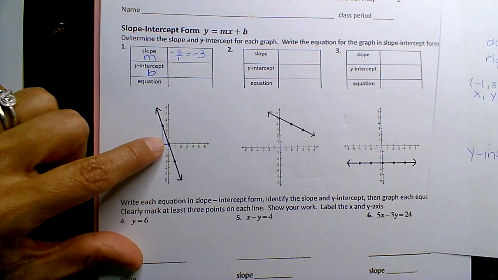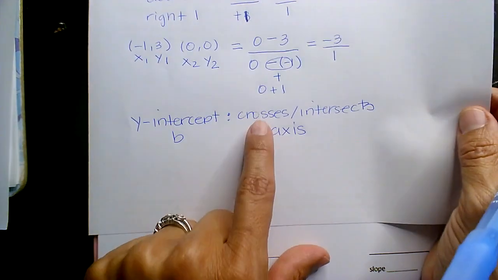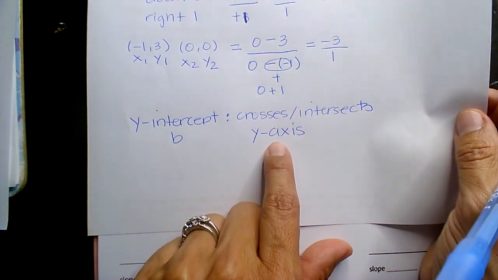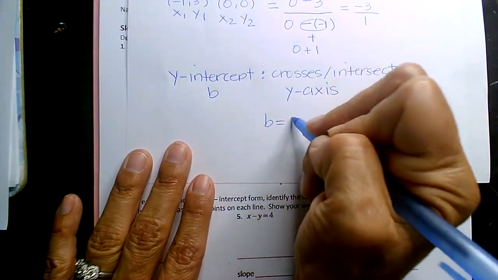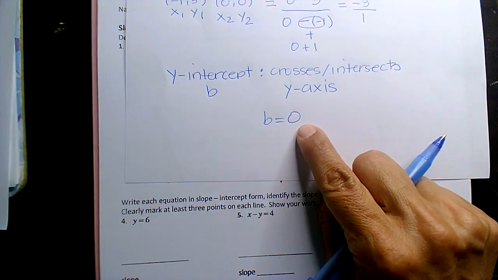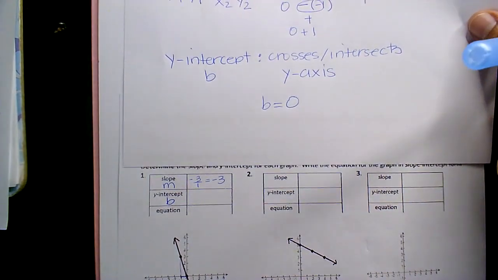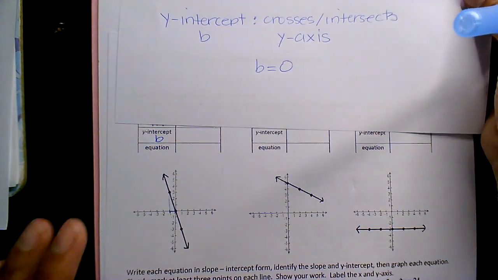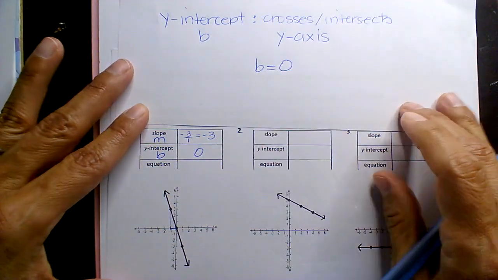If this is my line and it's crossing at the origin, it's where it crosses that y-axis. Here then, my b value is 0 because it's crossing at the origin. There we go, now I can kind of fit both. Okay, so my y-intercept is 0.